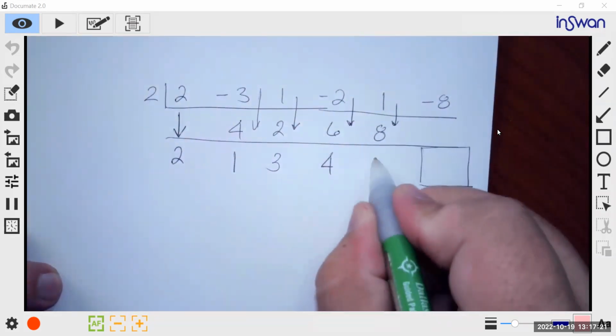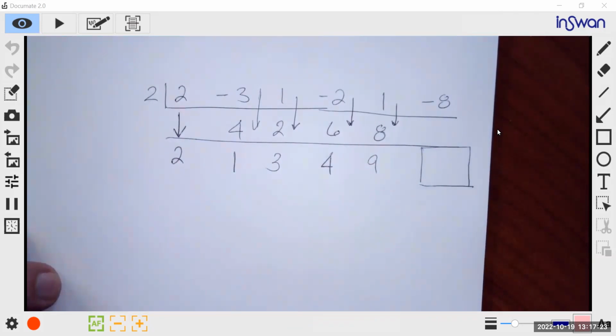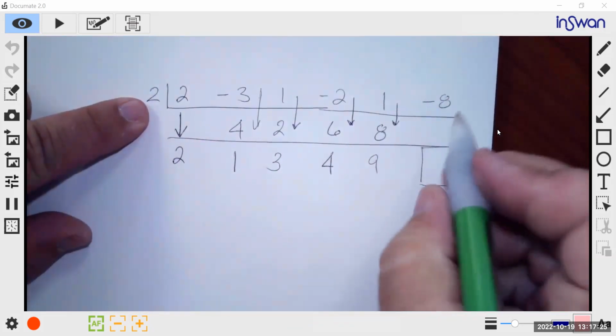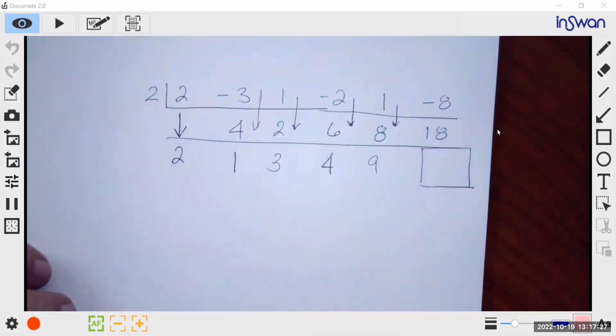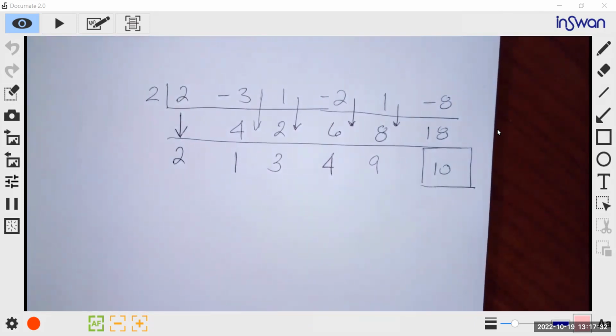Add straight down. 8 plus 1 is 9. 2 times 9 is 18. 18 minus... much faster.